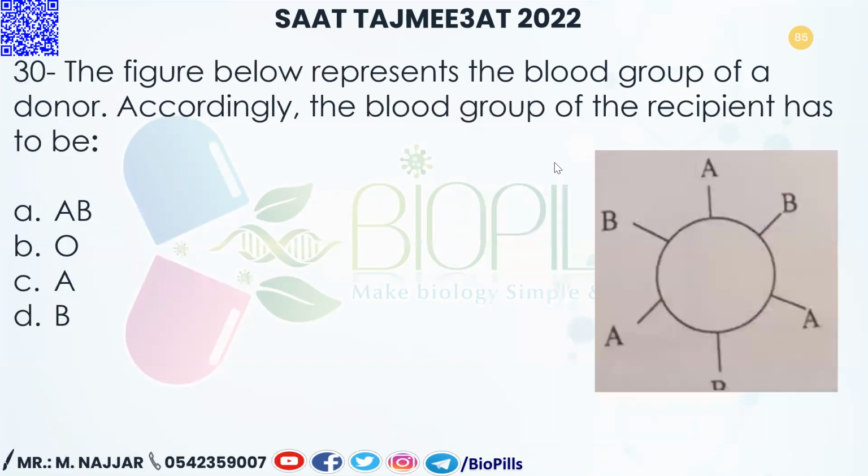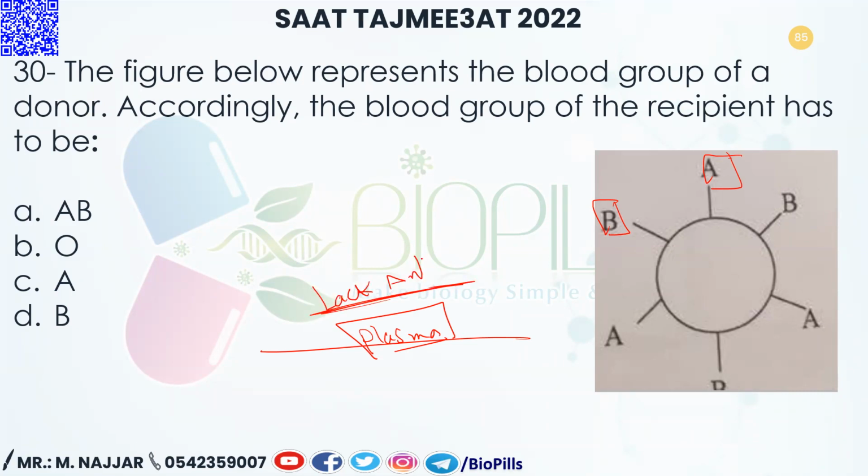Question number 30. The figure below represents the blood group of a donor. Accordingly, the blood group of the recipient has to be AB, O, A, or B. If you have a look here, you're going to find that the blood group of the donor has both antigen A and antigen B. So the plasma of the recipient must not have any antibodies.